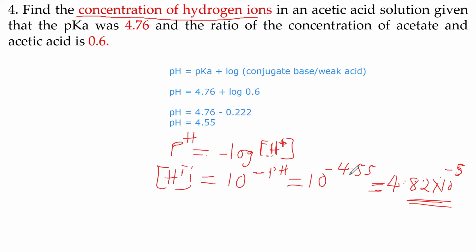We already know our pH, so we have 10 raised to the power of minus 4.55. If we press our calculator, finally we have 2.82 times 10 raised to the power of minus 5 as the hydrogen ion concentration.